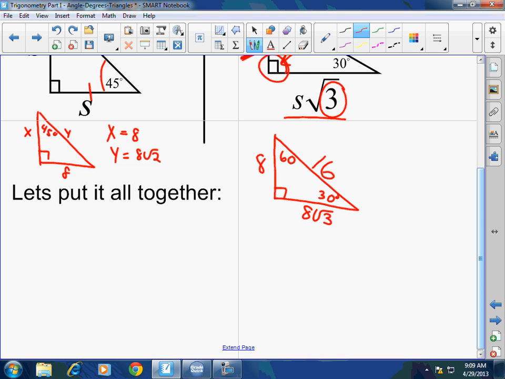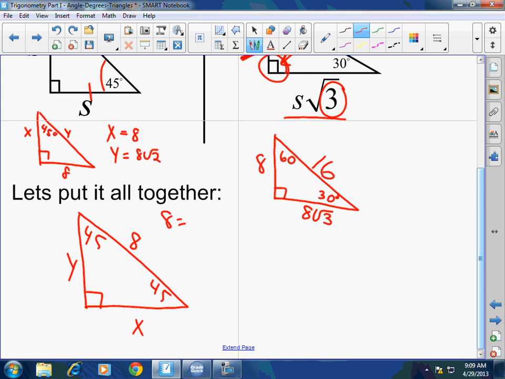One more thing real quick. Let's say I give you this, guys: a 45-45-90, and I want you to find x and y, but I say the hypotenuse is 8. What is the equation for the hypotenuse of a 45-45-90?